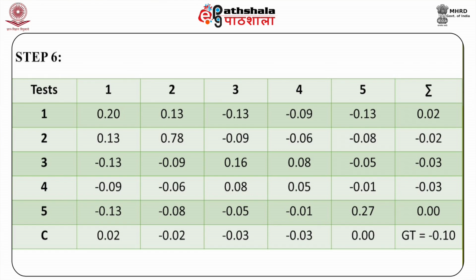Minus 0.09 minus 0.06 plus 0.08 plus 0.05 minus 0.01, making the total minus 0.03, and for test 5, minus 0.13 minus 0.08 minus 0.05 minus 0.01 plus 0.27, making the total 0, and therefore the grand total is minus 0.10.